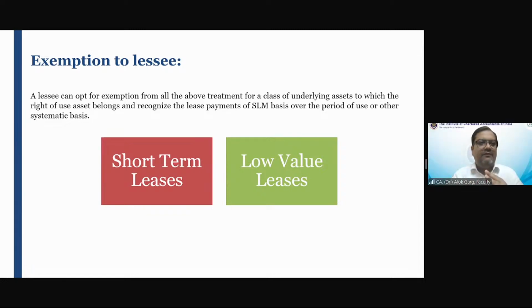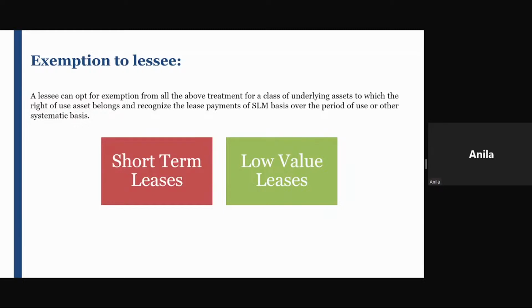This 5-year rental needs to be discounted to a present value, and for that the ROU asset needs to be created. This ROU asset is a notional asset, and it is going to be depreciated over a period of 5 years.